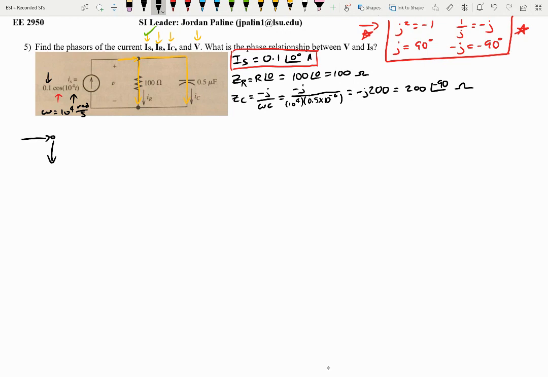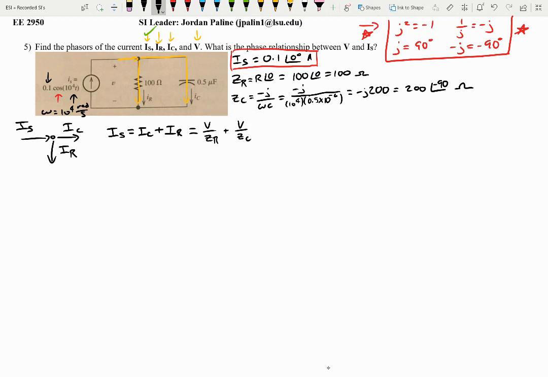So here, that'll be I of S. This will be I of R. This will be I of C. Then I S is going to be equal to I of C plus I of R. And from Ohm's law, we can rearrange these to be V over Z R plus V over Z C.